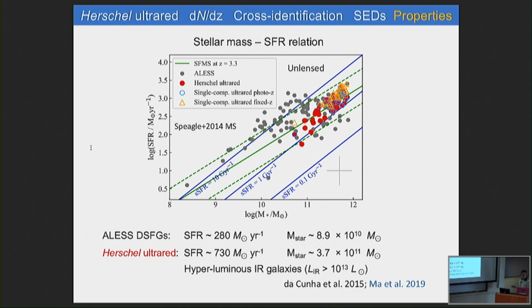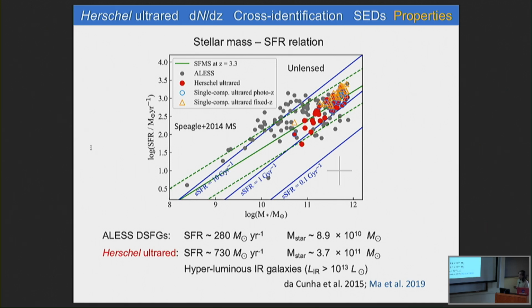So on average, our ultra-red sources have higher star formation rates and higher stellar masses, about a factor of 4 or 5. And compared to the Speagle 2014 main sequence, they appear to lie on the main sequence, definitely on the high mass end, but that also depends on how you define the main sequence.